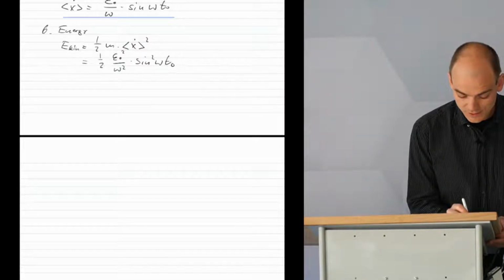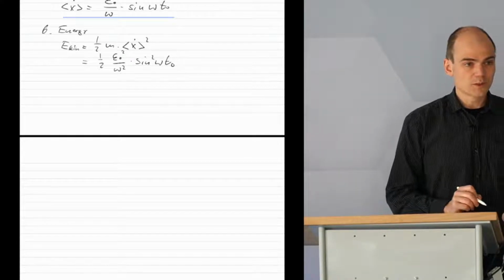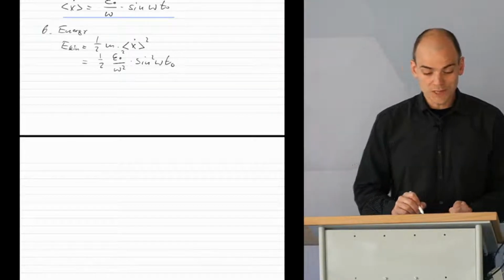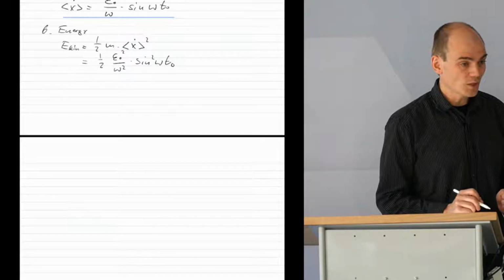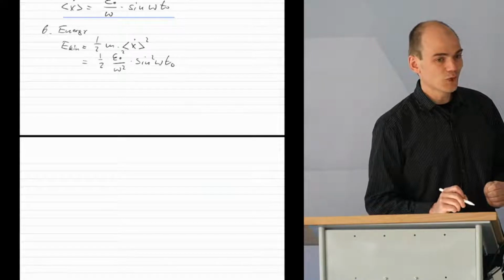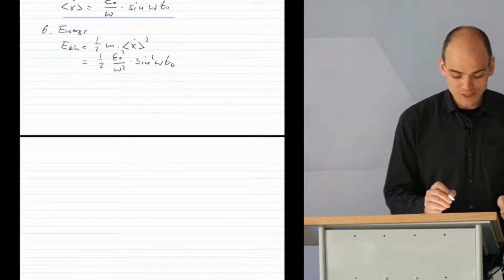Okay, and now, for those who know our numbers, we encountered before the expression quarter E0 squared over omega squared, and that is the ponderomotive potential.